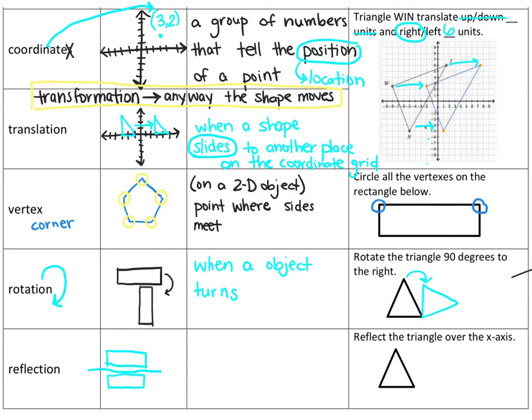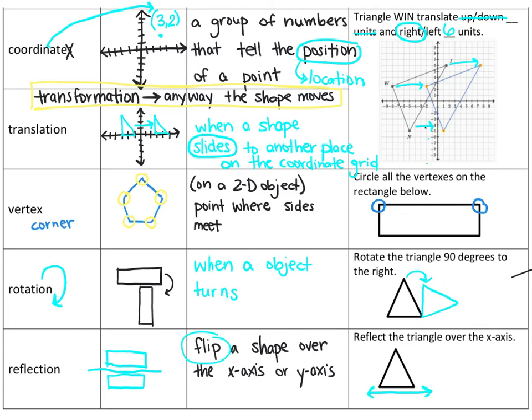Make sense? So we're going to flip, that's the key word, flip a shape over the x-axis or the y-axis.